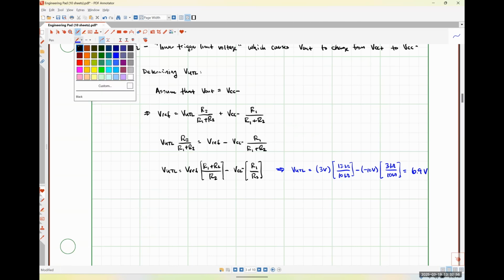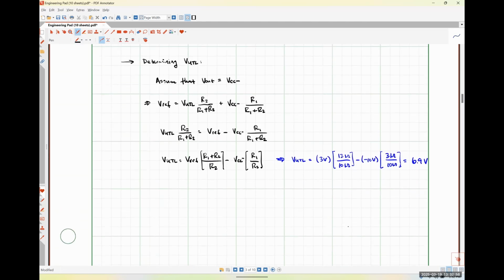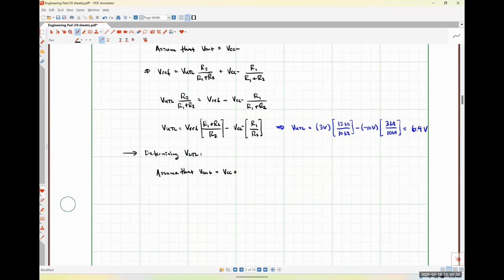Okay. If we wanted to determine our lower trigger limit, we would start with an assumption that V out is equal to VCC plus, because we're trying to figure out which voltage causes it to swing down to VCC minus.